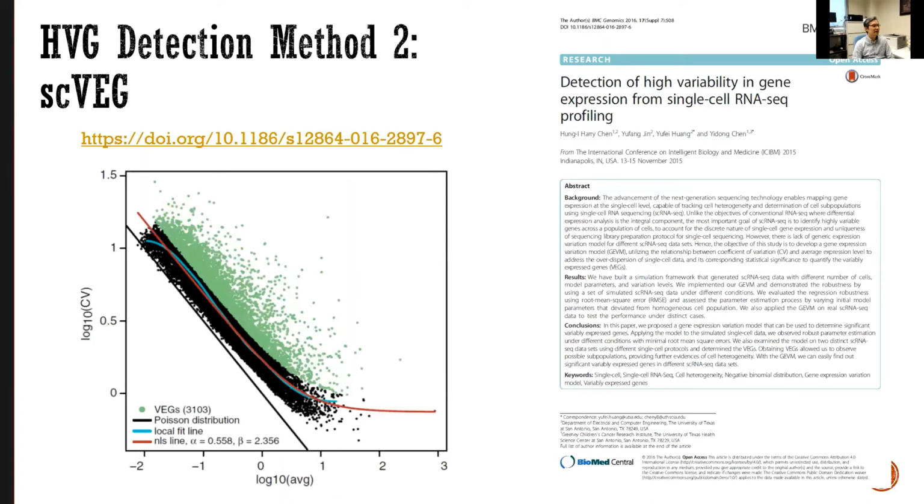Over the years, other methodologies have been proposed with a similar idea. There is the log CV average, a very similar idea with a slightly different regression fitting algorithm applied here.